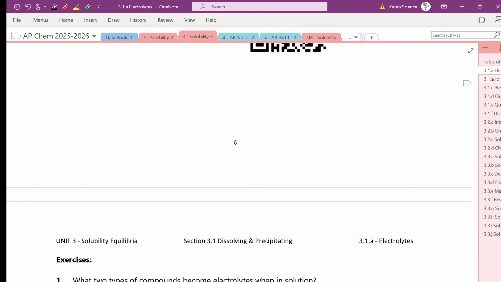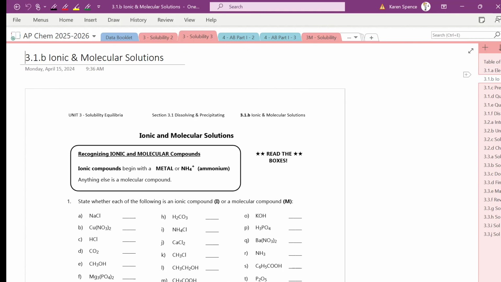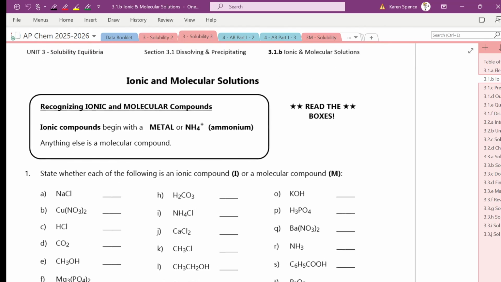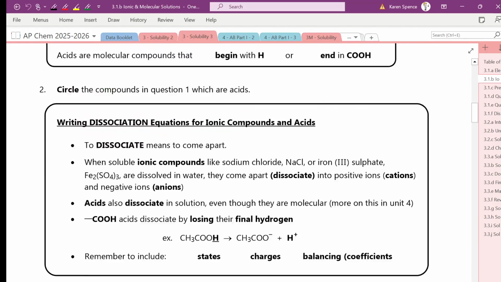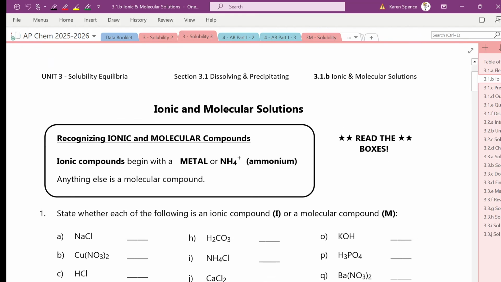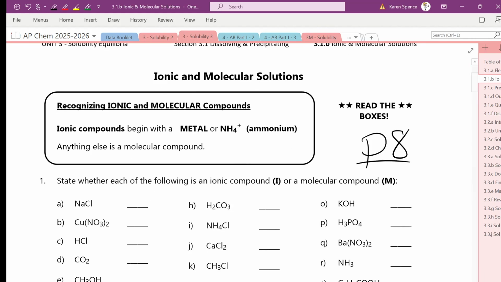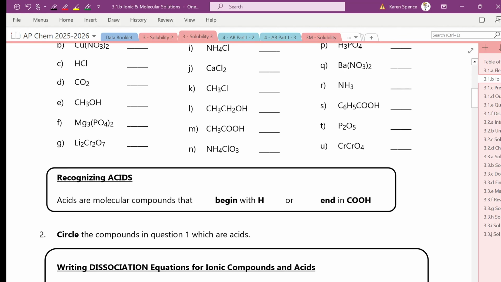And so we are now moving on to 3.1b, as in Bob. And this one we're going to zoom through super, super fast. This is on page 8. Can you recognize an ionic versus a molecular compound? Yes. Excellent. Can you recognize an acid? Yes.